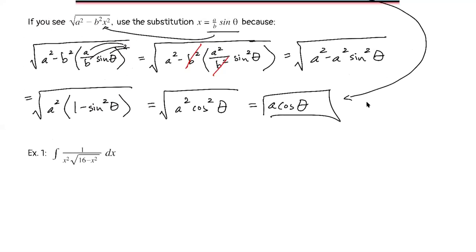So that squared makes all the difference in the world, and it means I can't use u-sub. So now I'm saying, okay, this looks a lot like the form I saw above. That 16 minus x squared is really like 4 squared minus x squared.